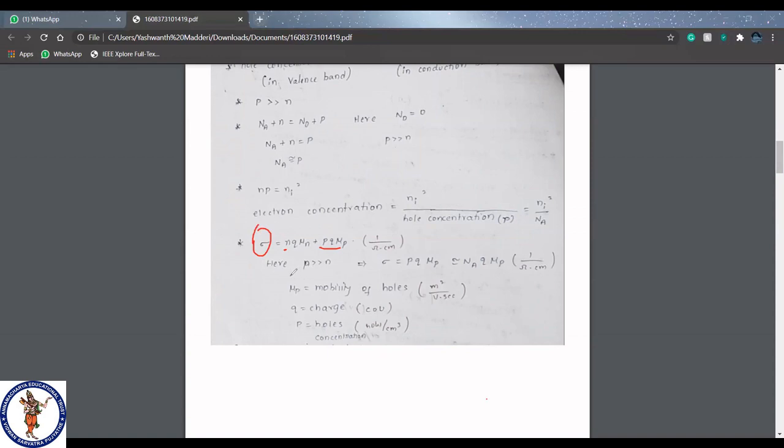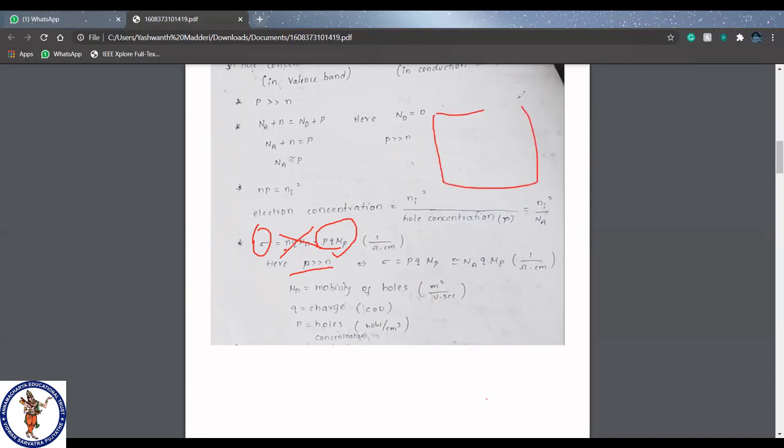But in a p-type semiconductor, the majority charge carriers are holes, so we can approximate and intentionally make the electron concentration zero, and the holes, being the majority charge carriers, are the main contribution to conductivity.